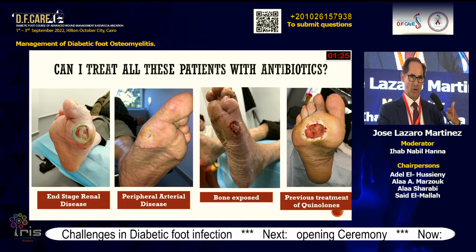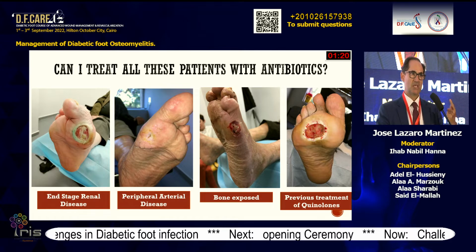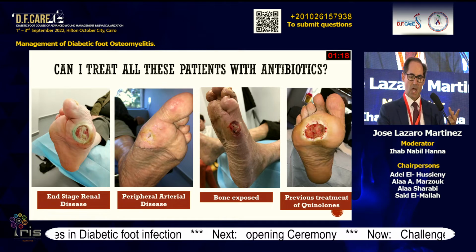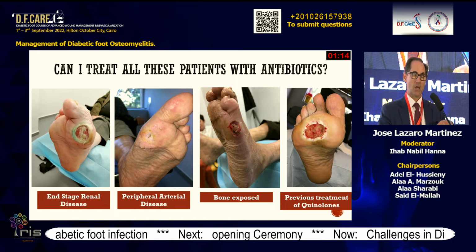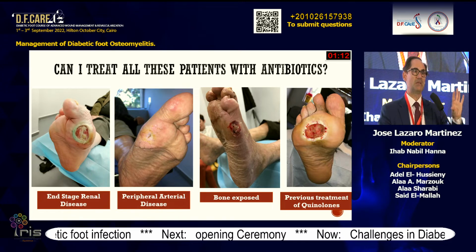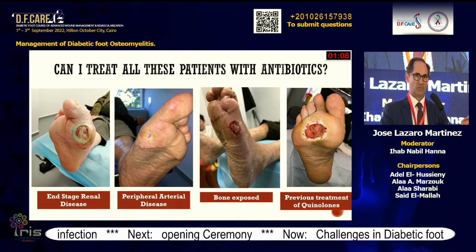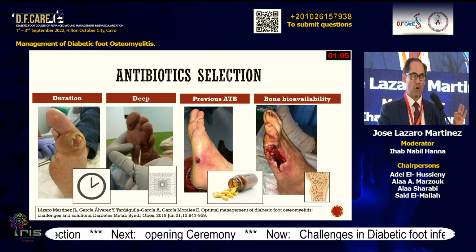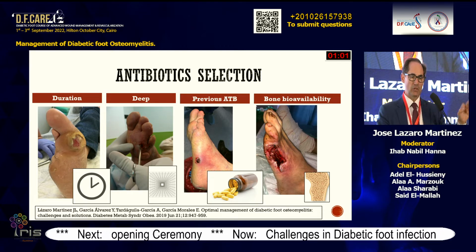Remember, the majority of our patients have renal failure, peripheral arterial disease, some with bone exposure, some with previous antibiotics that can produce bacterial resistance. So is it easy to select the correct antibiotic for this regimen of treatment? Probably not.